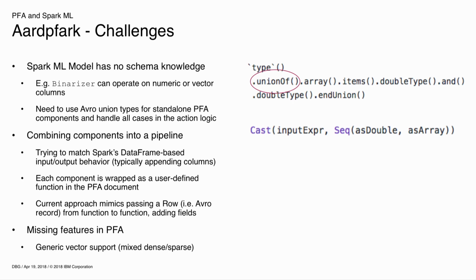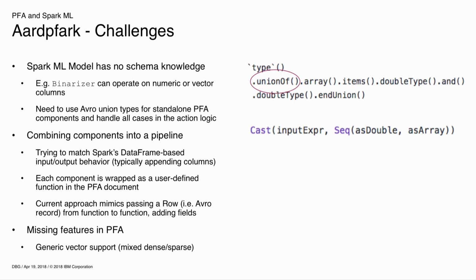There's no type system around the model that will allow you to automatically extract that. So it means that you have to do a few clunky things like take in the input data frame as well as the transformer or pipeline into Aardvark, examine the schema of that data frame, extract all the fields, and then construct a kind of a row or an Avro record that encapsulates all of the fields at the beginning of the transformation and carries them through.